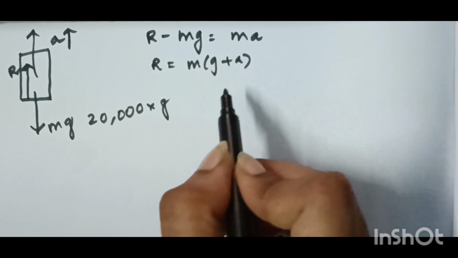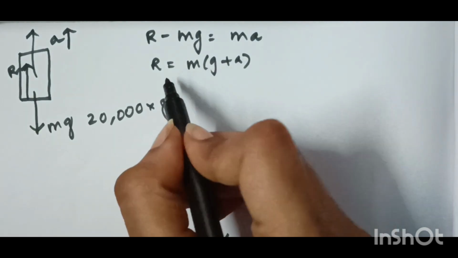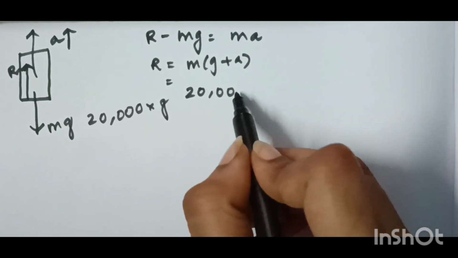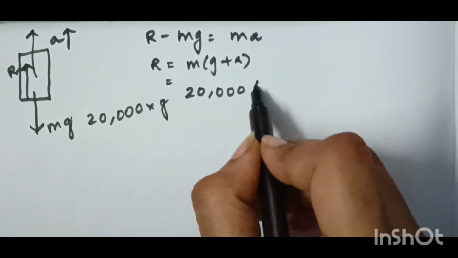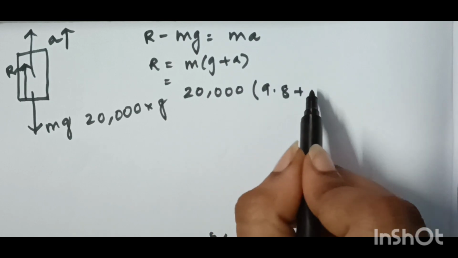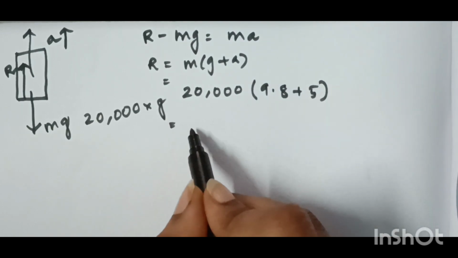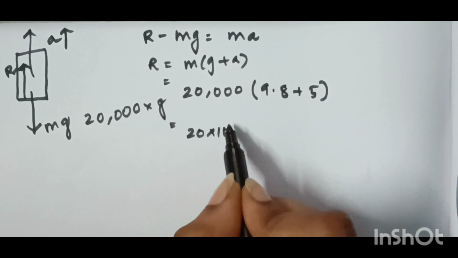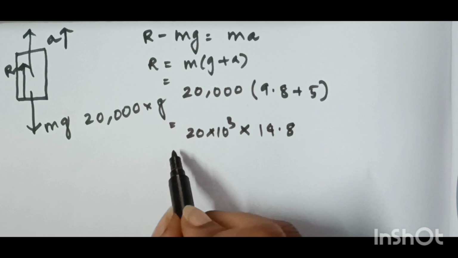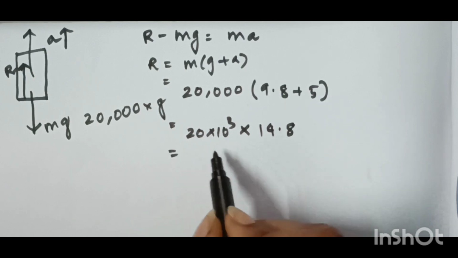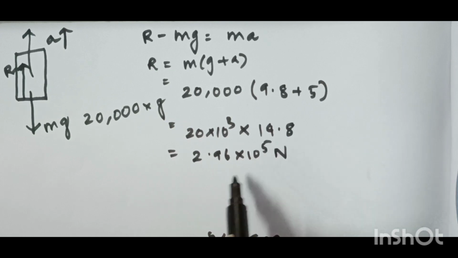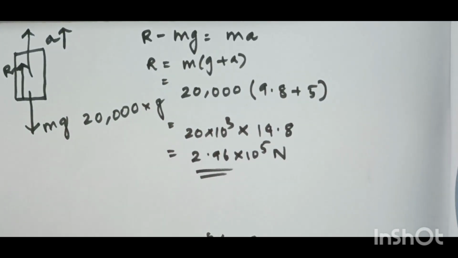So this will give the reaction force or the initial thrust of the blast. So what is m? That is 20,000. What is g plus a? It is 9.8 plus initial acceleration 5 meter per second square, that is 20 into 10 power 3 into 14.8 meter per second square. So on multiplication we get 2.96 into 10 power 5 Newton. So this is the initial thrust of the blast.